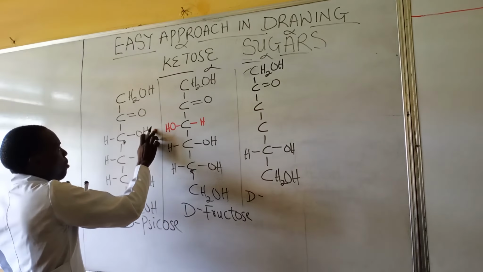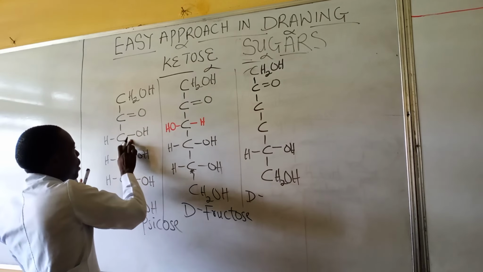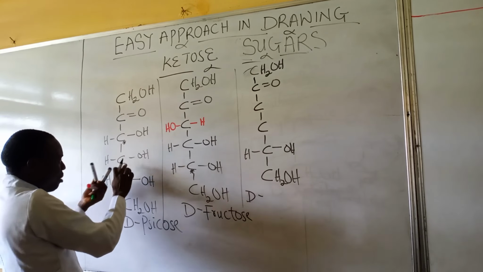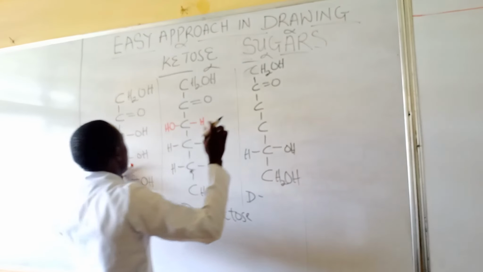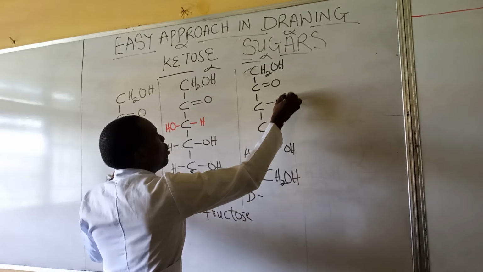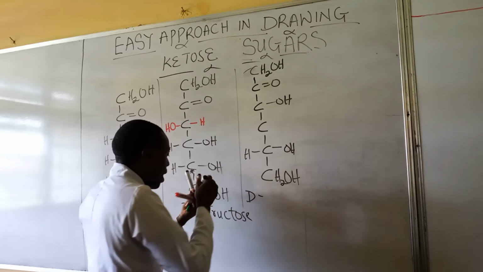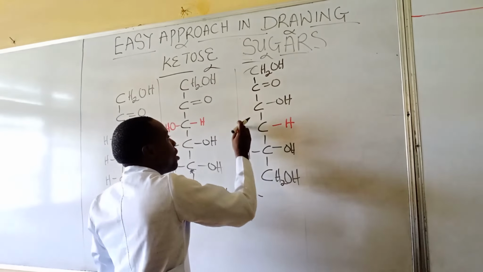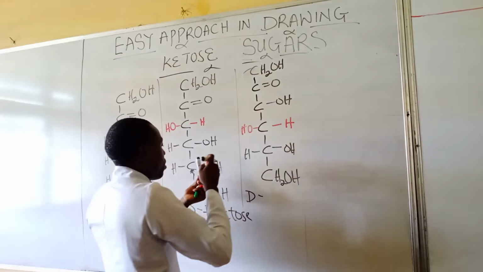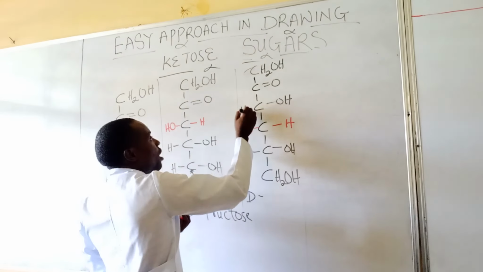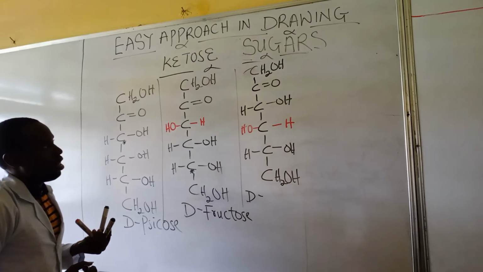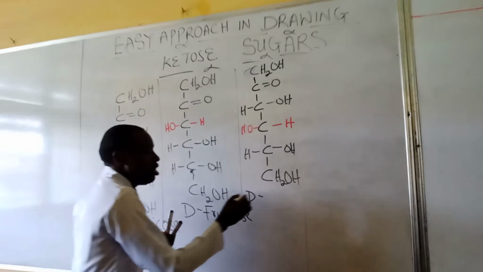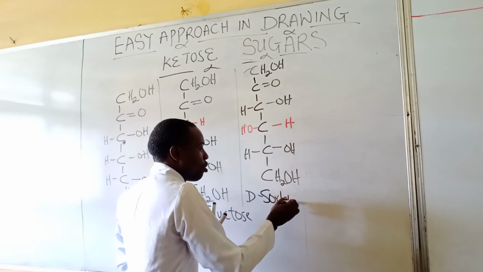Remember here now, we have changed this third carbon, then we move to the fourth carbon. So in this case OH here, and let me change the marker now. Here is H now, here is HO. So you see it? Very simple. This is what we call D-sorbose.